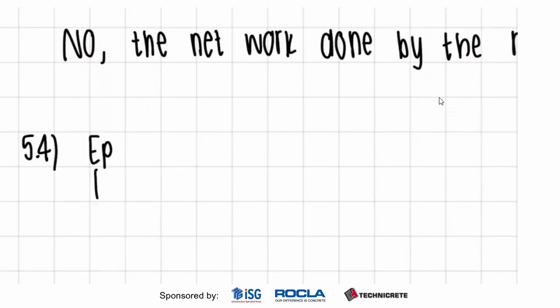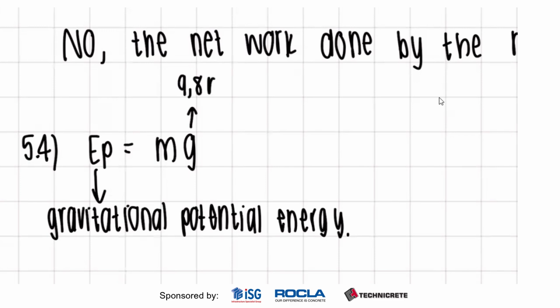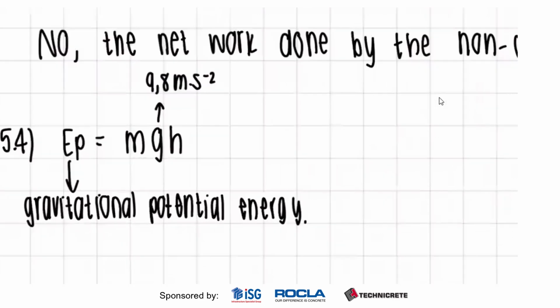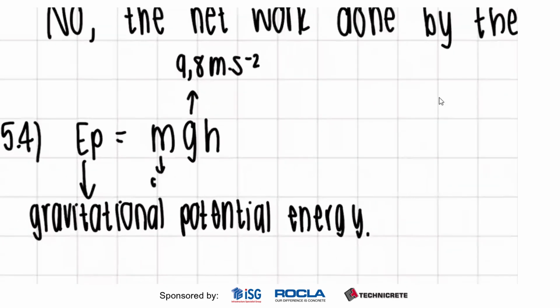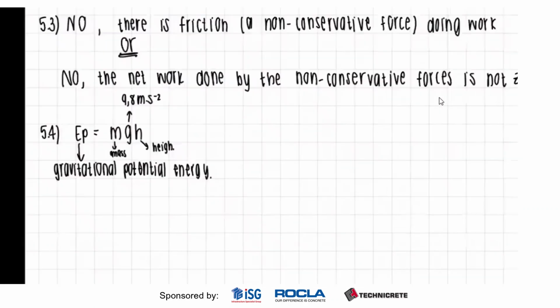EP, which stands for gravitational potential energy, is equal to m, which is the mass, g, which is the gravitational pull, which is always 9.8 meters per second squared, and h, which is the height. m times g times h. m being the mass, g being gravitational acceleration, always 9.8 meters per second squared, and h being the height above the ground that the object is.